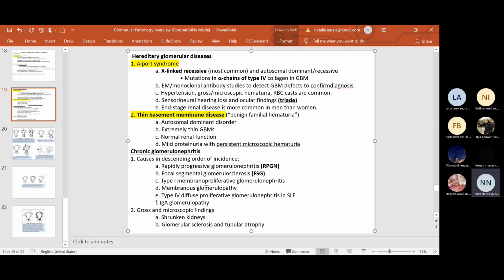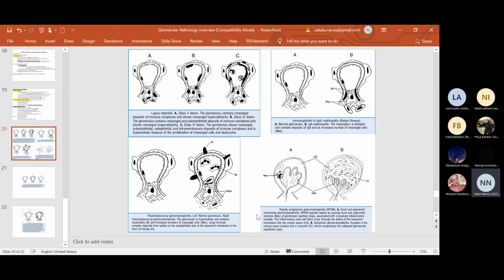So these are the causes of chronic glomerulonephropathy. And the gross and microscopic finding is a shrunken kidney, glomerulosclerosis, and tubular atrophy. It is chronic damage, and finally the kidney does not function well. For that reason, 15-20 years maximum.